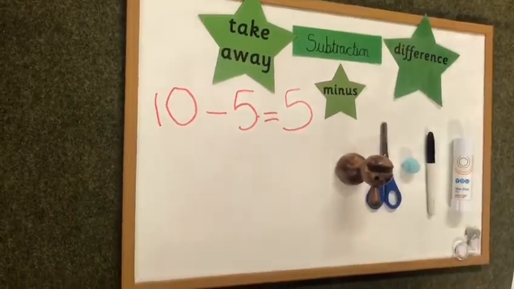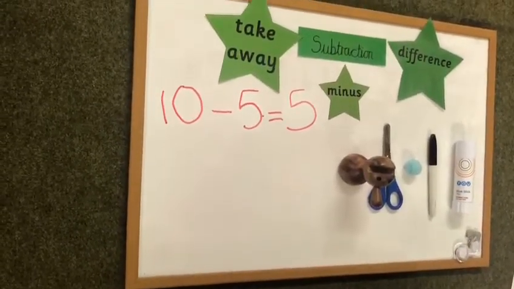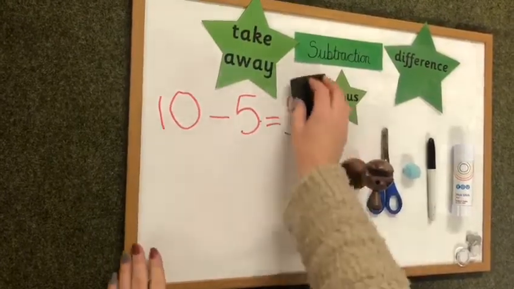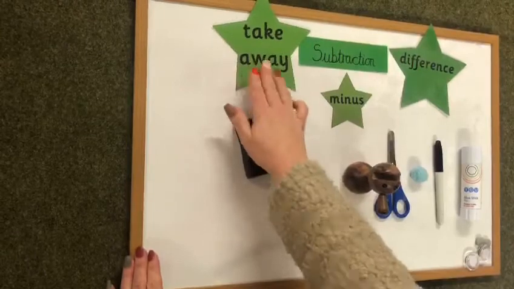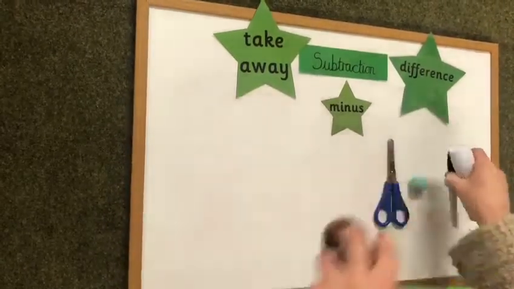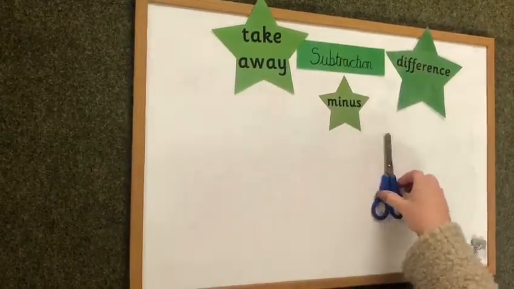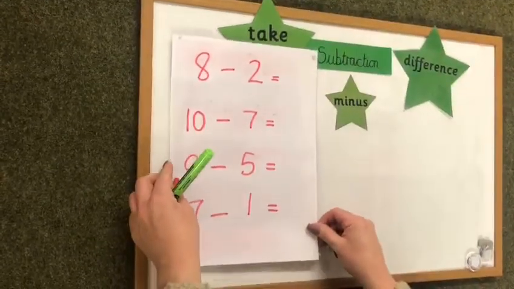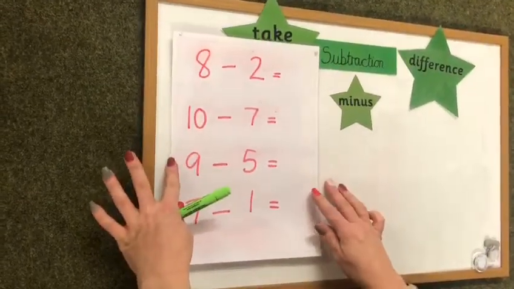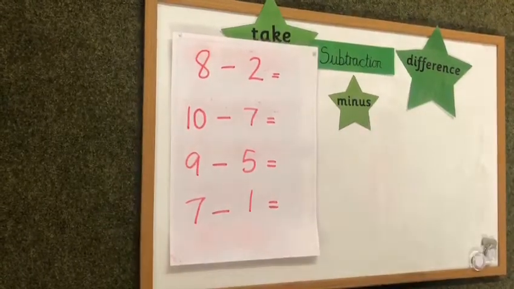Well done everyone. So what we're going to do now is you're going to have a go at writing these number sentences down, and then you are going to have a go at working these out with your 10 objects. So here are your number sentences. You can pause the video and write them down yourself, or you can ask your grown-up to write them down for you.